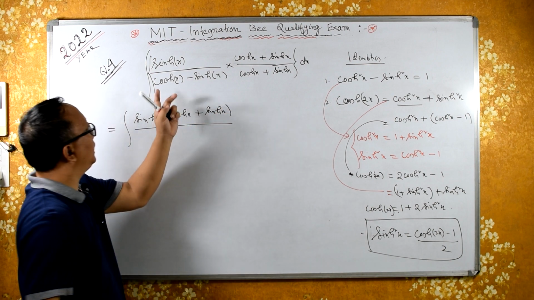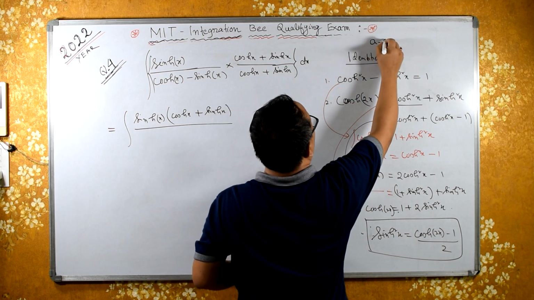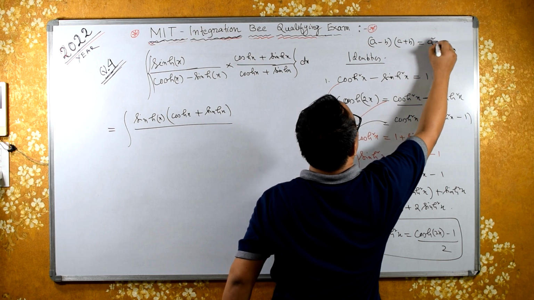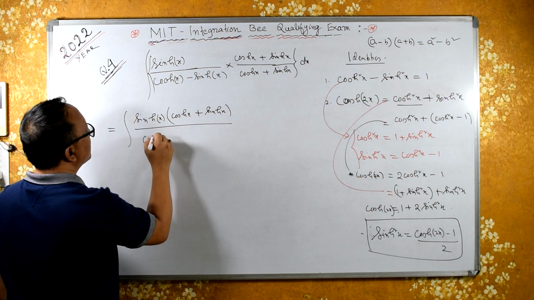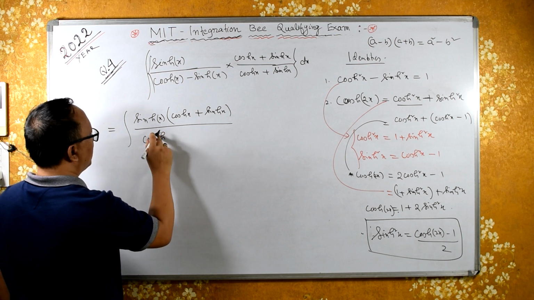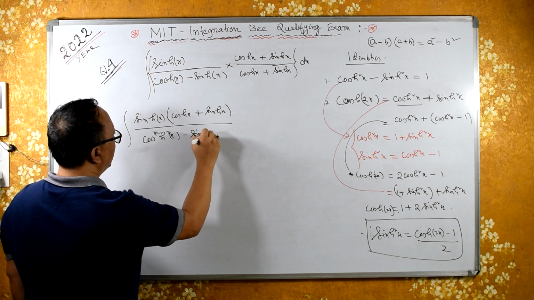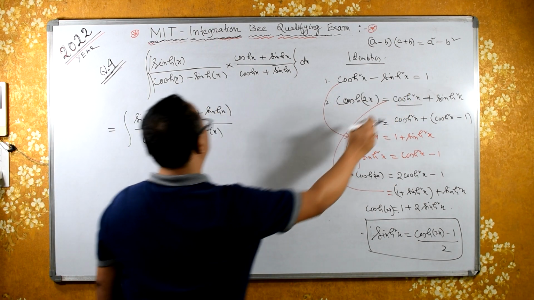Upon, here a minus b into a plus b is a square minus b square. Here we have cosh square x minus sinh square x. Therefore this is 1. The value of this is 1 by the identity.